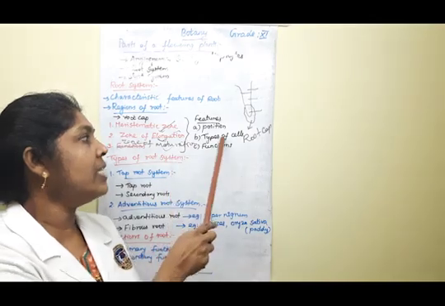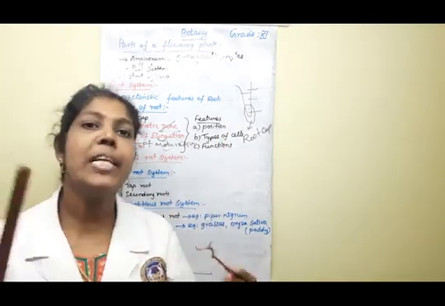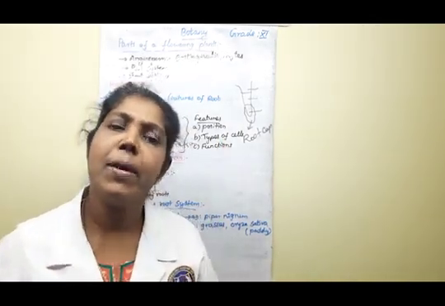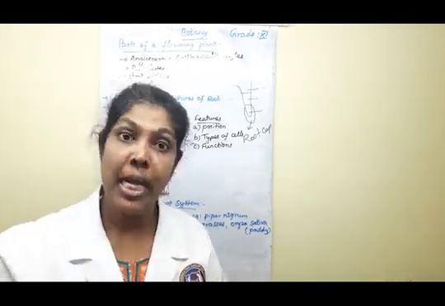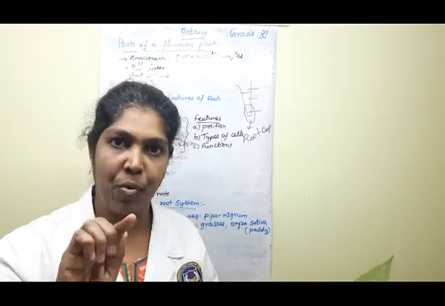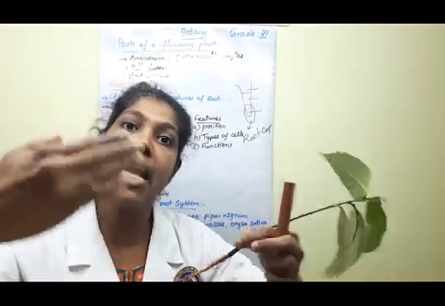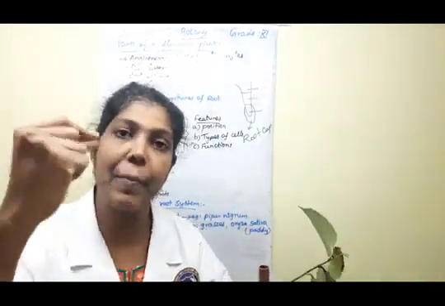The next one, type of the cell. You know that meristematic cells are the growing cells. They can divide, so the number of cells increases. That's the ability they have.